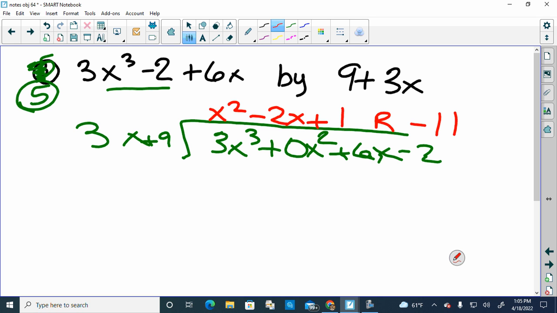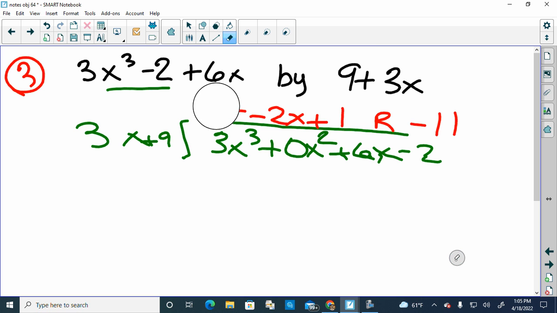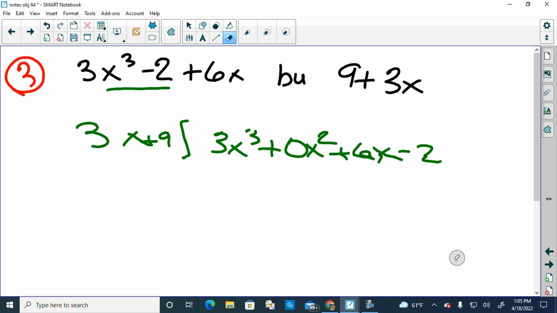Crap. It is number 3. I meant it to be number 5. I have 5 written on my notes. Oh, well. My roommate is really tired, so. Okay, let's try this one.